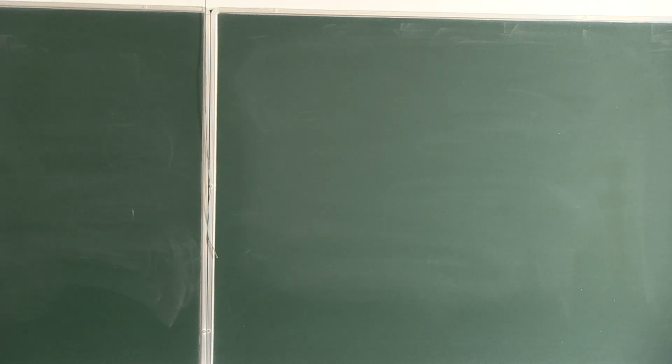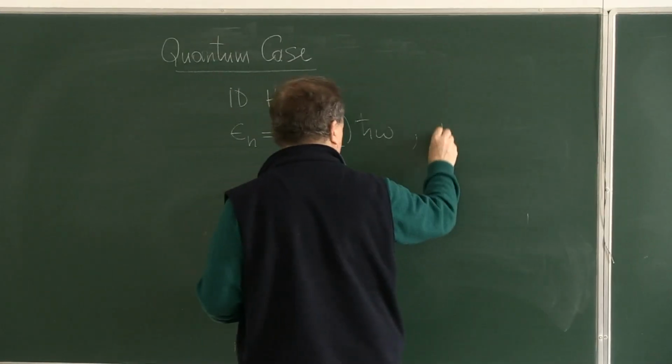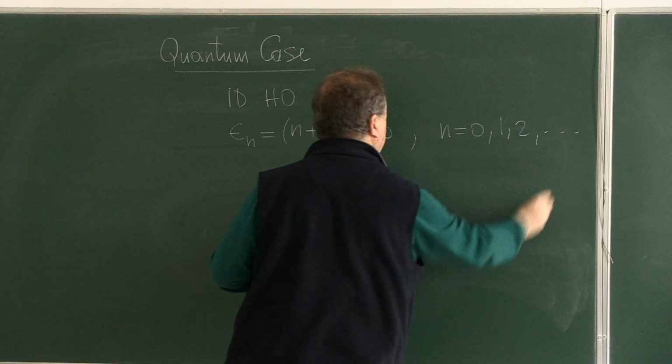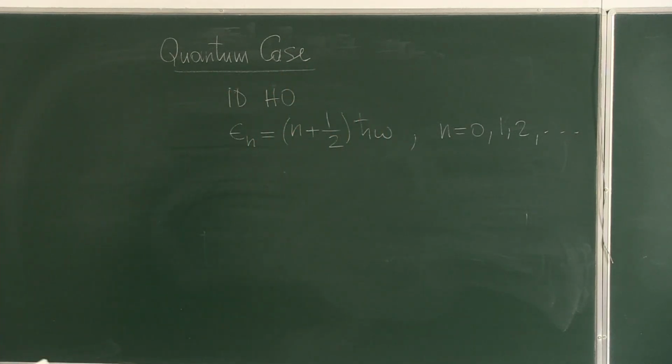In the quantum case, the energy levels of a one-dimensional harmonic oscillator can be written as (n plus 1/2) h bar omega, where the quantum number n goes through the integer values 0, 1, and so on. So we have what? Equidistant energy levels, aren't we?